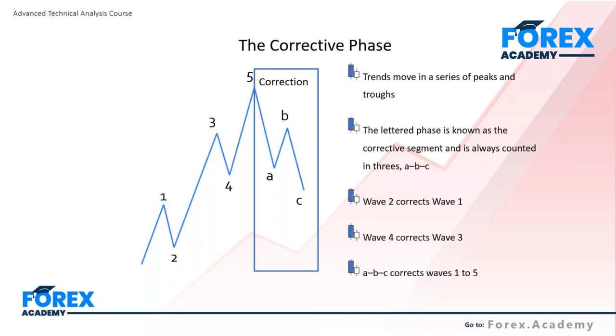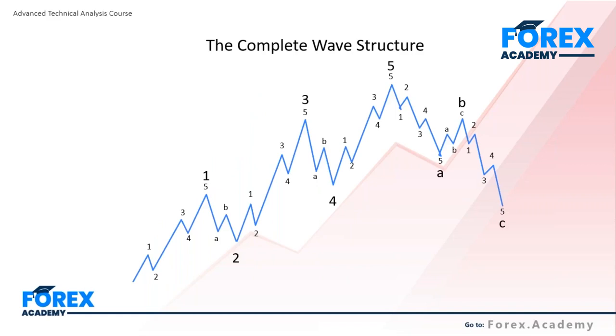That then brings us to the complete wave structure, where we looked at the initial illustration by highlighting wave 1, wave 2, wave 3, wave 4, and then wave 5, which completes this one broader impulse. If we then go 1 degree lower, we can see that we have 5 waves that make up each impulse.